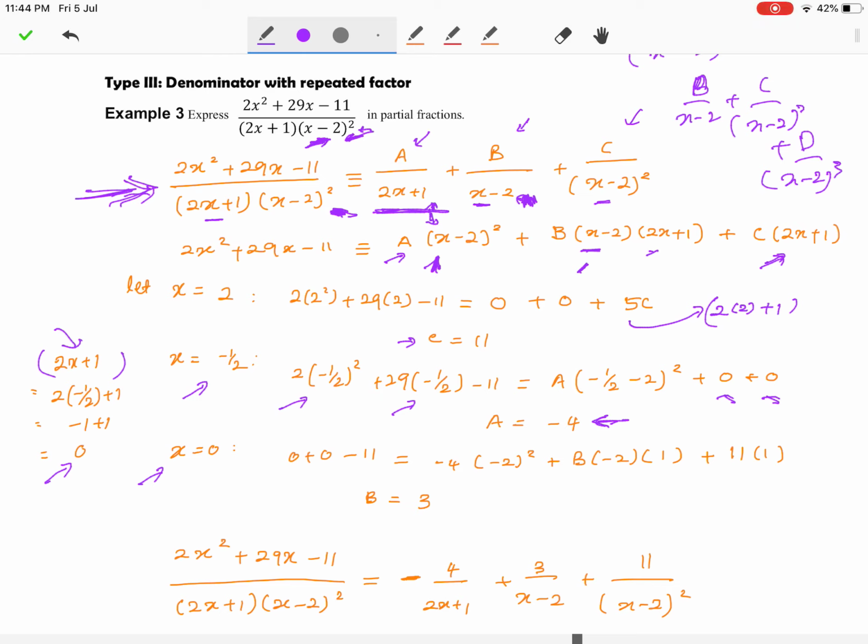You put x equal to 0, you can see that the left hand side becomes negative 11, equivalent to negative 4 times negative 2 squared, because this is 0 minus 2 squared. Again you have the B here, and C is equal to 11, times 1. So you have B equals to 3.